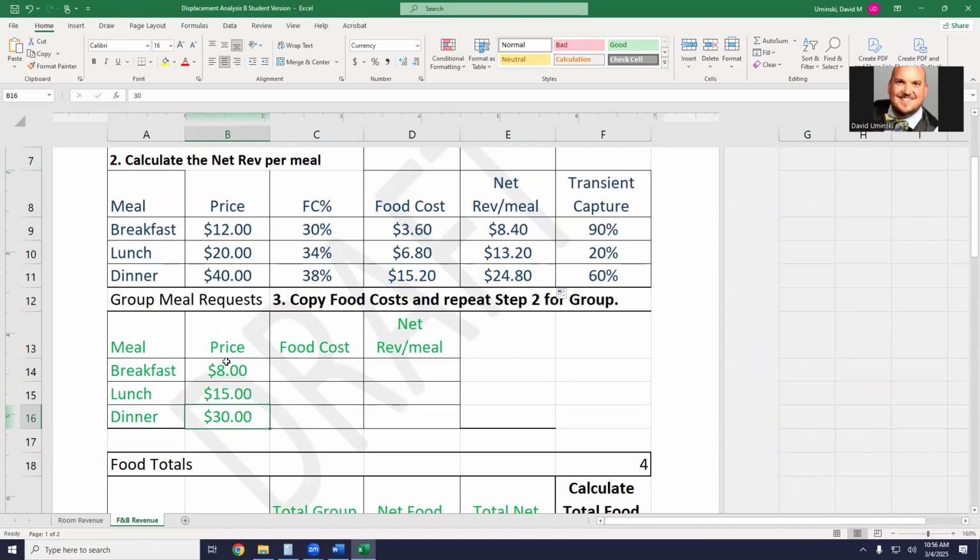That meal's going to cost us the same whether we make it for the guest that's a transient or for the guest that is part of the group. So these food costs right here, we just copy them right down into here. So the food cost is the same.